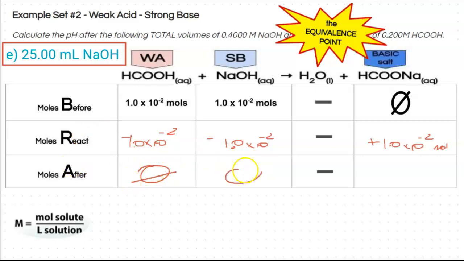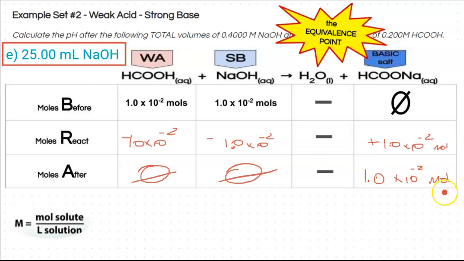So after the reaction is over, acid is gone, the base is gone, and I have 1 times 10 to the negative 2 moles of my conjugate base remaining. There are a lot of pieces to this particular calculation, so pay close attention and go back and review it if you need to. But at this point of my reaction, all I have in solution is the 1 times 10 to the negative second moles of my conjugate base.